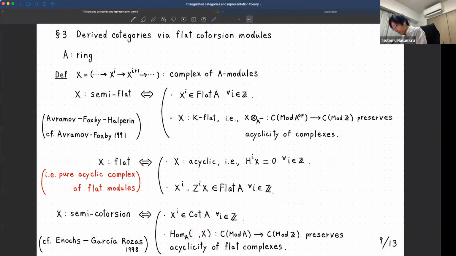And a similar terminology was used by Enochs, Garcia Rozas in their paper, replacing semi by DG. And in their paper, the terminology flat complexes also appears.